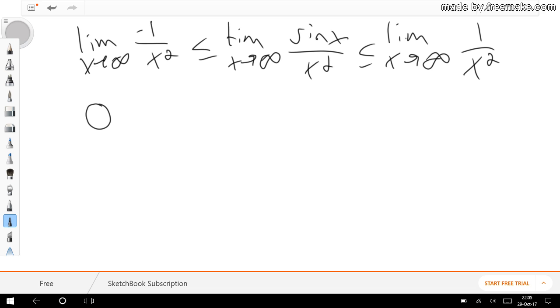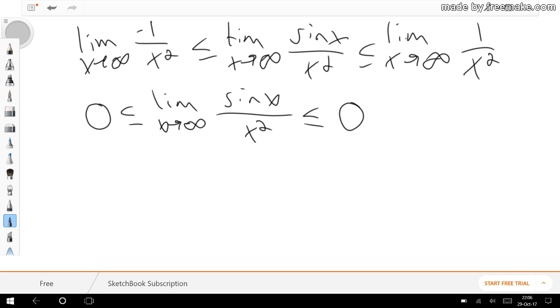So we got 0, and then we just rewrite our limit of our f of x because we can't determine it yet. And now the limit of our upper bound. Well, it's pretty much the same exact thing. So we figure out that this is also 0.